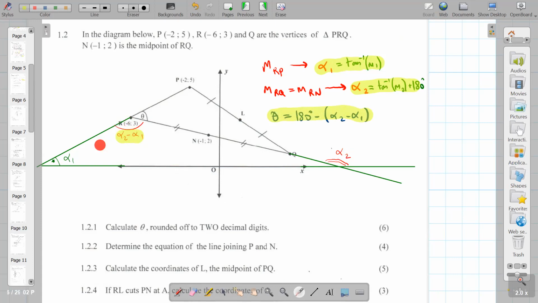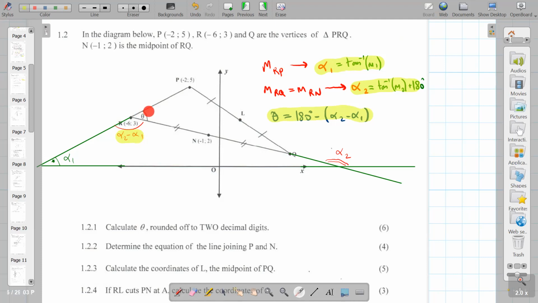As you see, in a triangle, the exterior angle equals the sum of the two interior angles. So from alpha 2, when you subtract alpha 1, you get that angle, but the angle they ask is the one inside, and it is not an obtuse angle, it's an acute angle. When you get their difference, for example 120 degrees as an answer, it cannot be theta that they are asking. Look at theta, it's an acute angle.